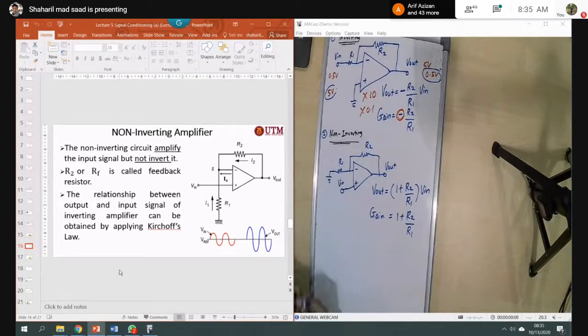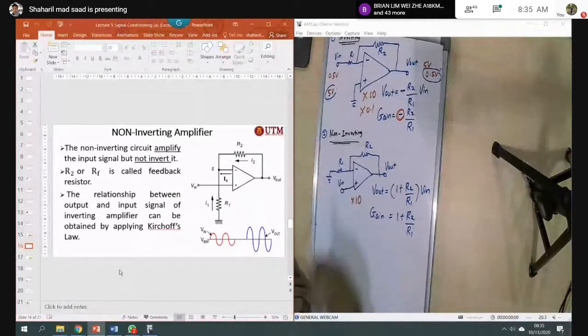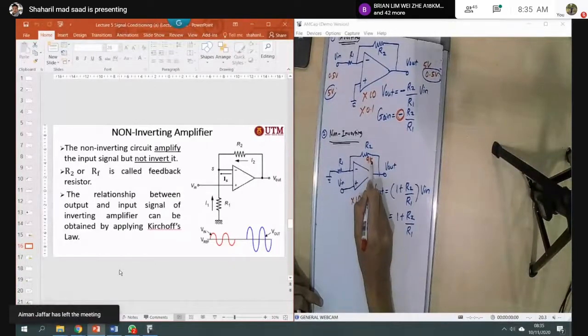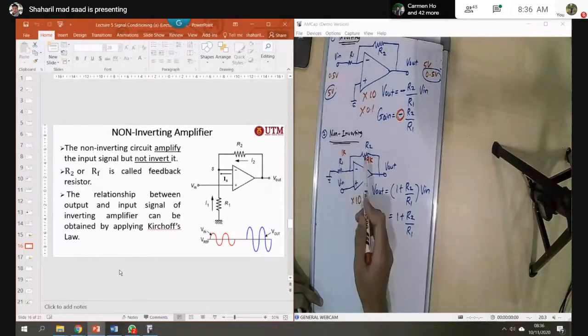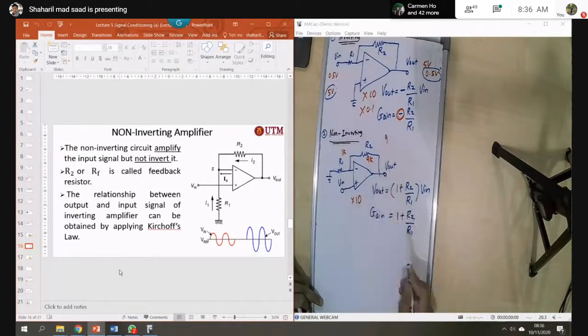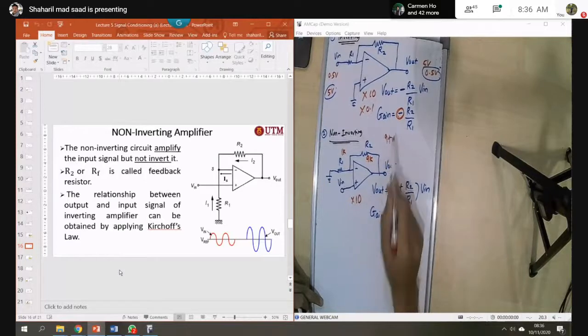You can adjust any gain that you want. For example, you want a gain of 10, so R2 needs to be 9K and R1 1K. So 9K divided by 1K gives 9, and 9 plus 1 gives 10.